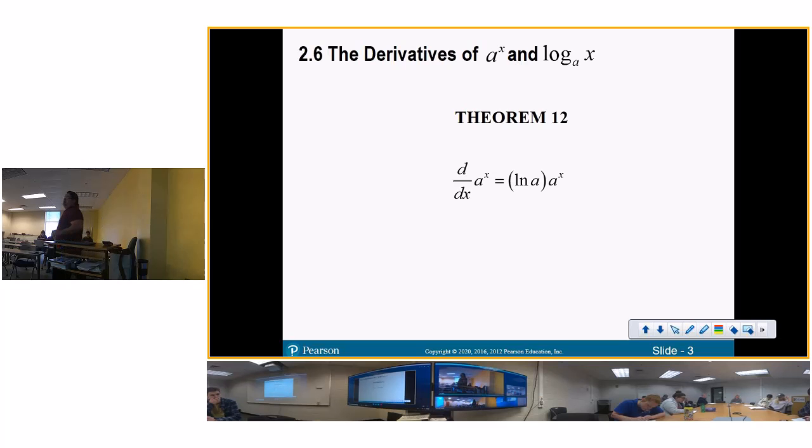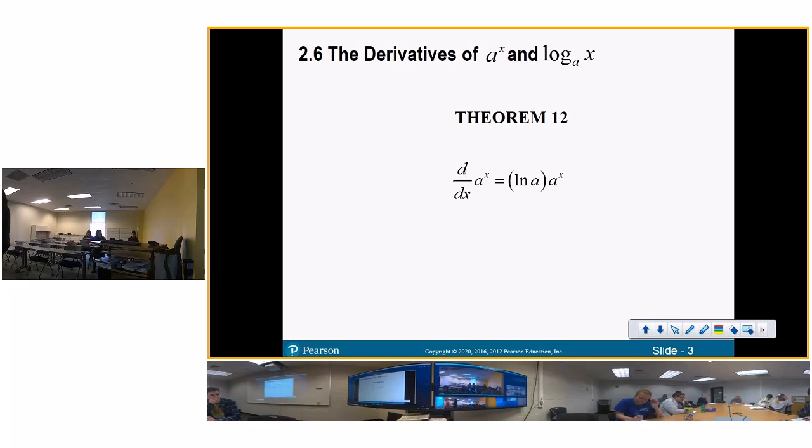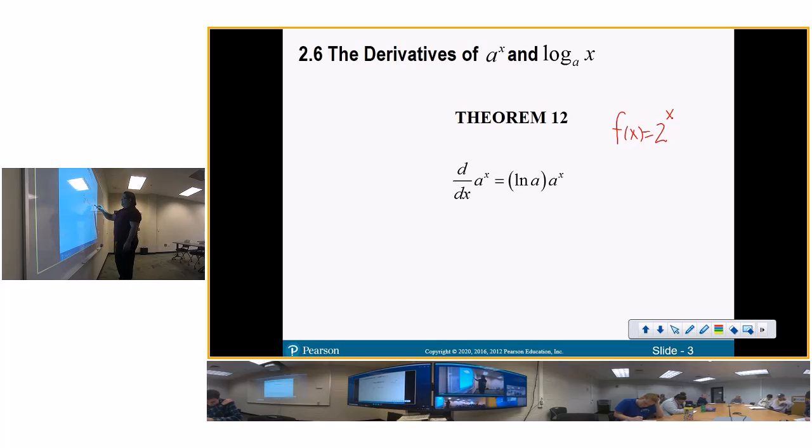A good example would be f of x equals 2 to the x power. If I want f prime of x, that's going to be the natural log of 2 times 2 to the x.